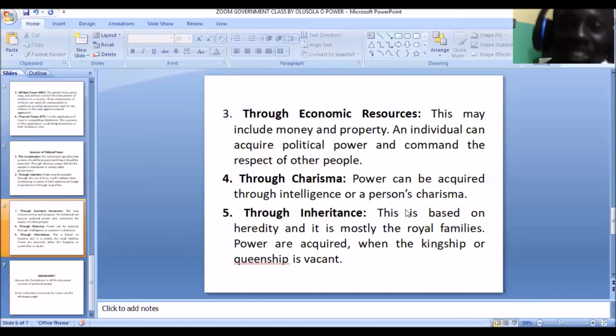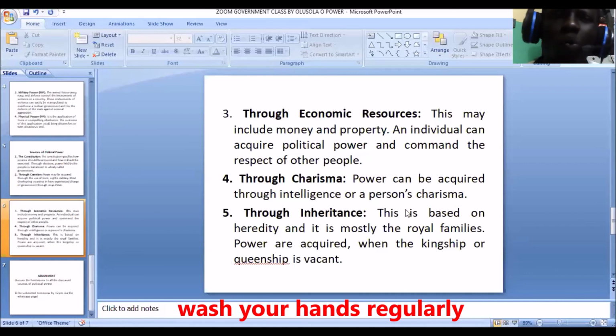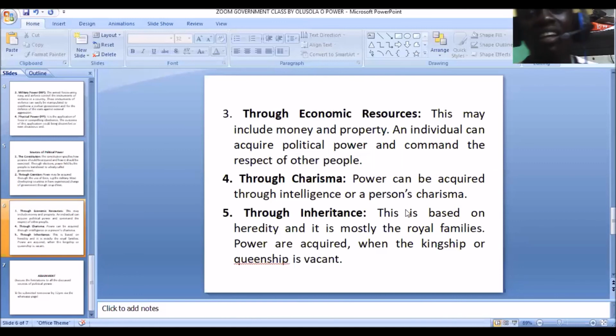So it's a tradition. That was the type of system of power that our traditional rulers had. Power is acquired when the kingship or queenship is vacant. And the only traditional way by which the kingship or queenship position is vacant is when a particular king or queen dies.